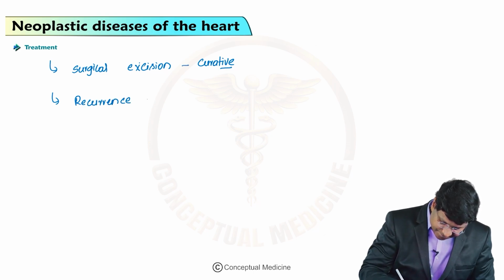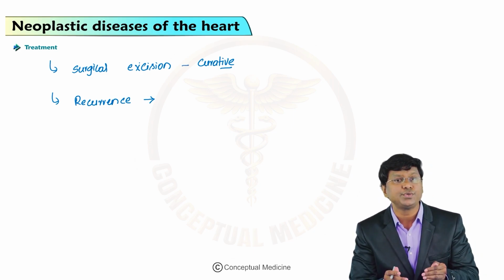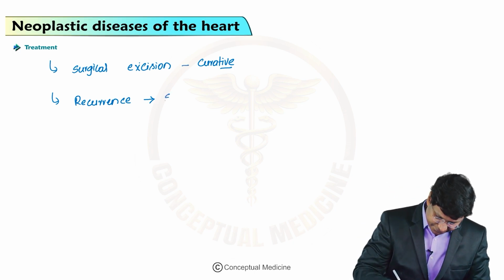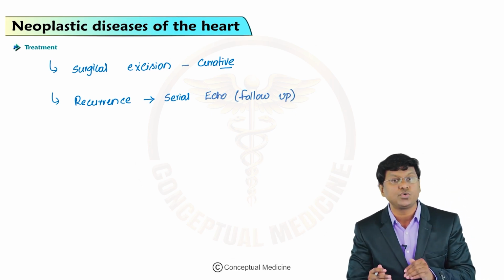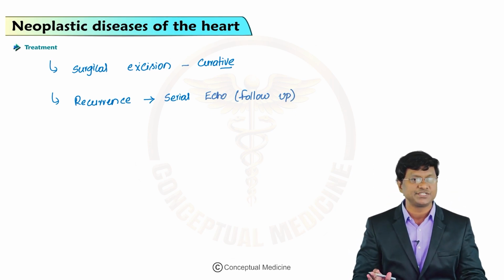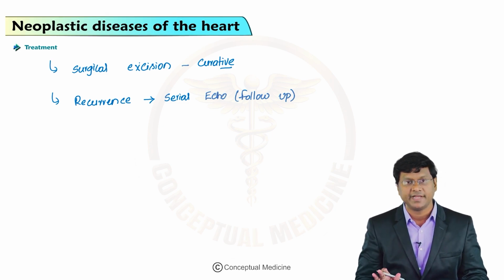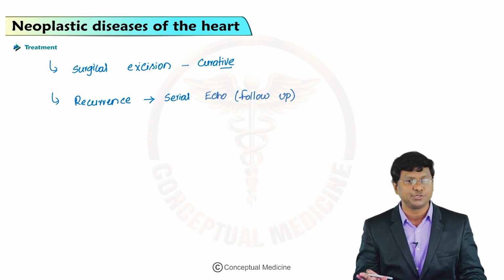In order to see whether there is any recurrence, you need to do serial echocardiographic follow-up, which is very much recommended. So that is about the treatment of atrial myxoma, the most common primary cardiac tumor.